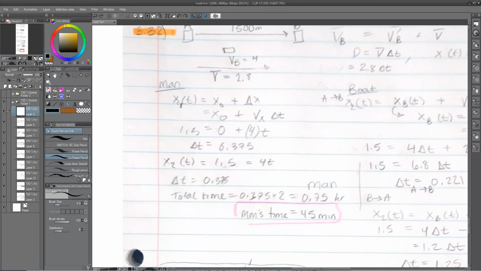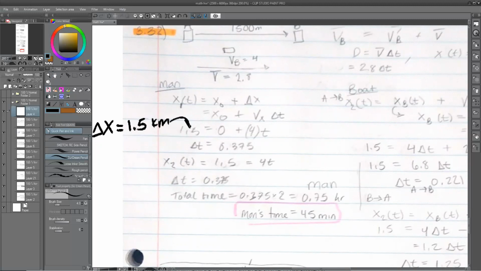So we know the value of x of t. This is the same thing as x final, which is the same thing as the delta x in this situation, because you start from zero, right? So your delta x is equal to 1.5, because this is the kilometers, the length of the river.